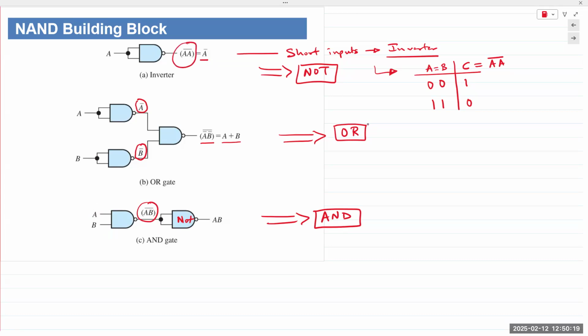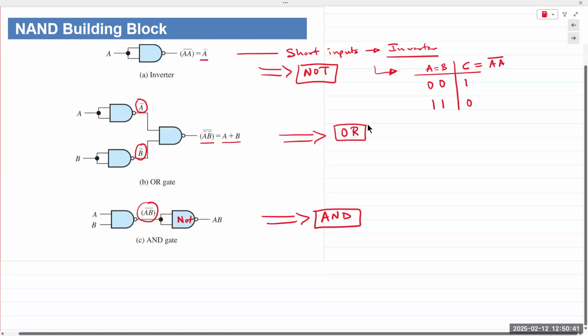But we are feeding it as input to this NOT gate. So it would simply become A and B naught. That flips the inversion. And so it's simply A and B. And we can go through the math to actually determine that it still works.